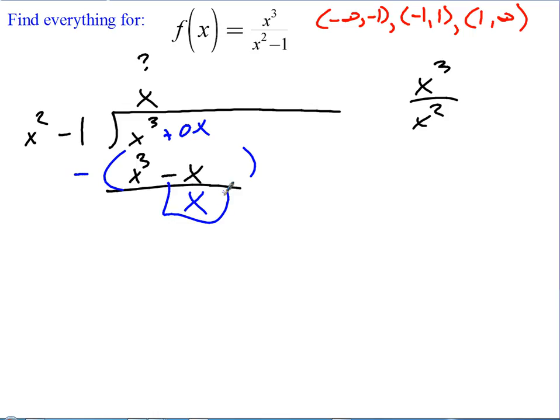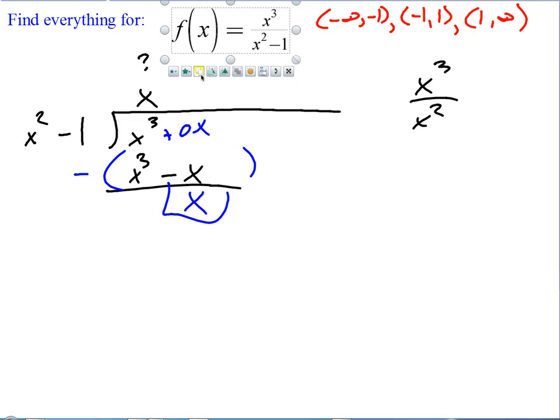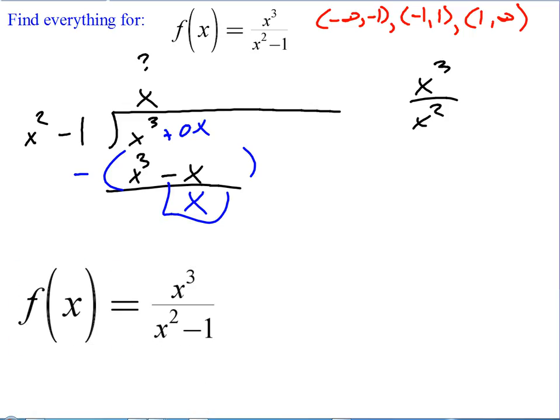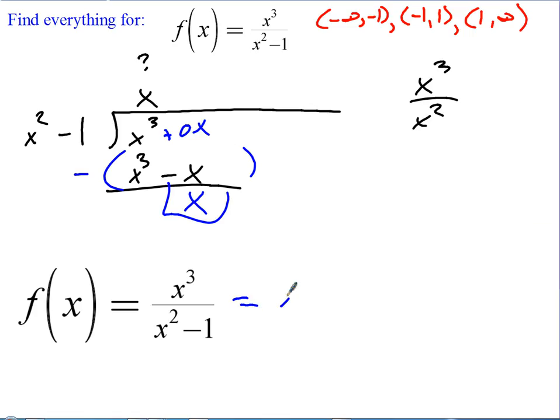So this quotient then, if I rewrite it, let me just grab it and copy it here. So what's that equal to? What's the result of our division there then? We got the answer x plus, okay, good.